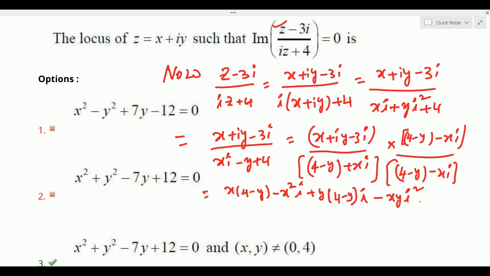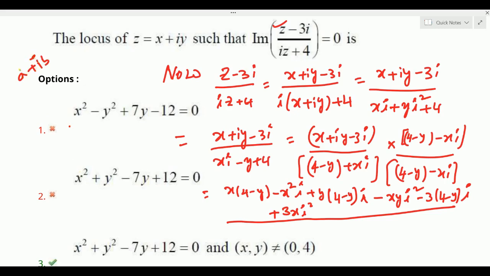Then with minus 3i, minus 3 into 4 minus y into i. Next, minus into minus gives plus 3x i square. The denominator is of the form a plus ib into a minus ib, which we can write as a square plus b square.